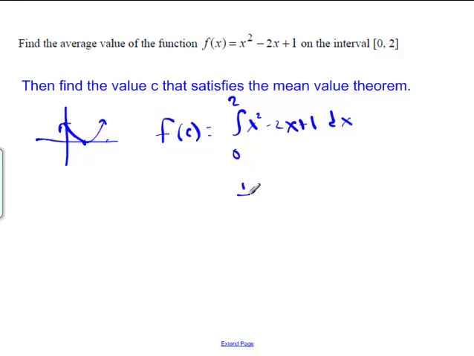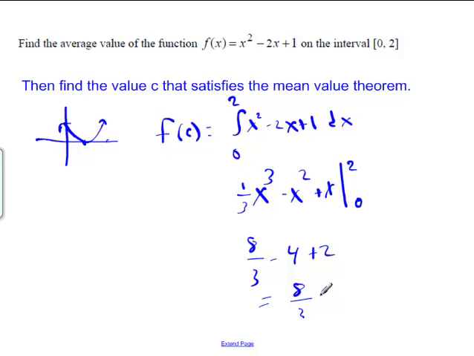We get 1/3 x cubed minus x squared plus x integrated from 0 to 2. And this equals 8/3 minus 4 plus 2, which is 8/3 minus 2, which is 6/3, which equals 2/3.